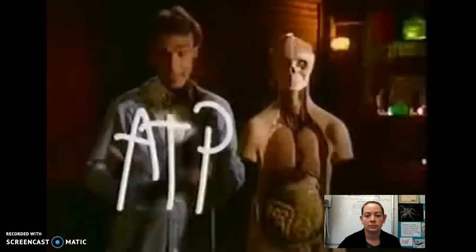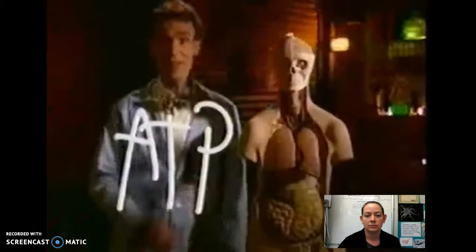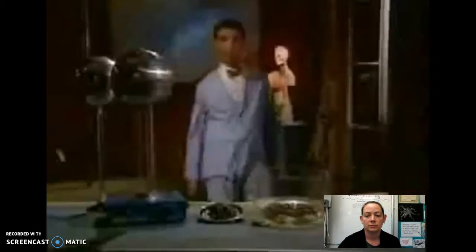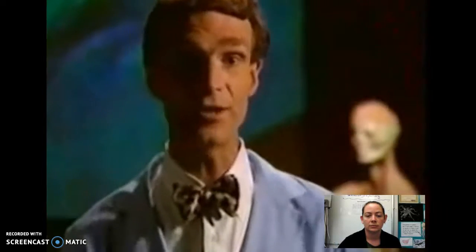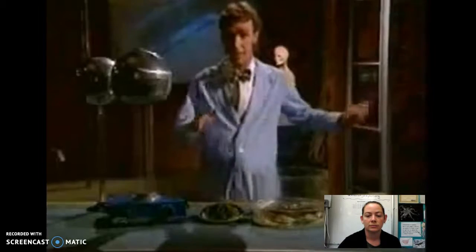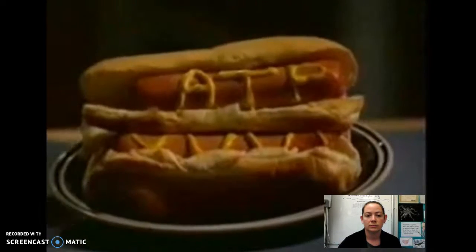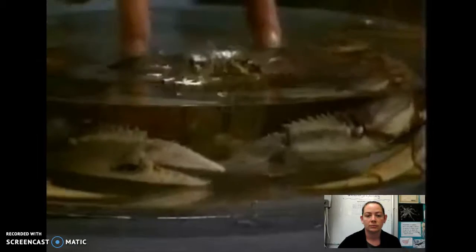Once your body has oxygen, it can make adenosine triphosphate from almost any food. It could be hot dogs, spinach, or crab meat.